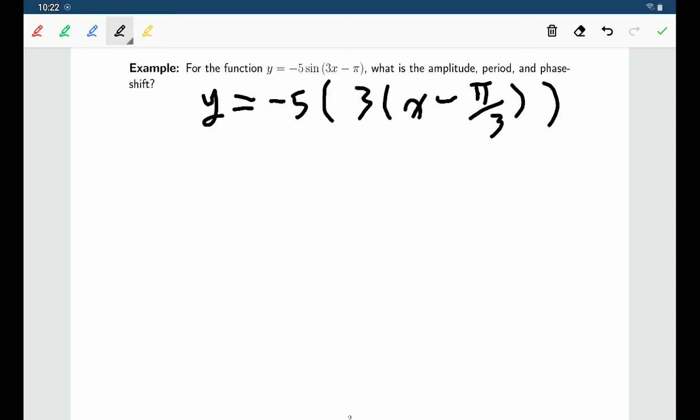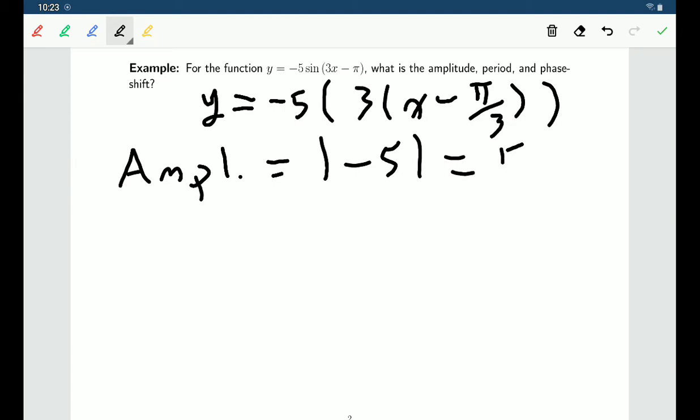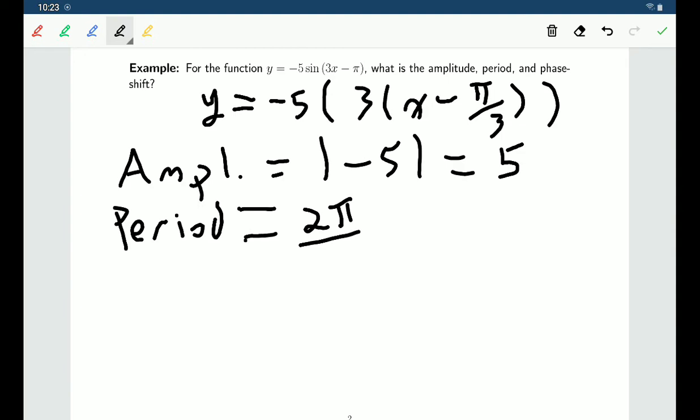All right, so we can now identify right away what the amplitude is. We know that the amplitude should be the absolute value of -5, which is, of course, just 5. And for the period, we know that the period should be 2 pi divided by the number that we just factored out, that 3, so 2 pi over 3.